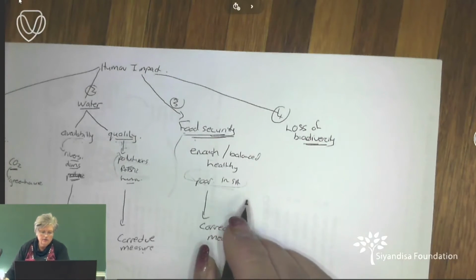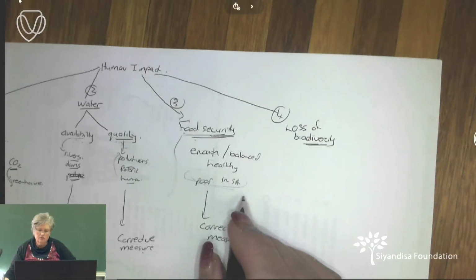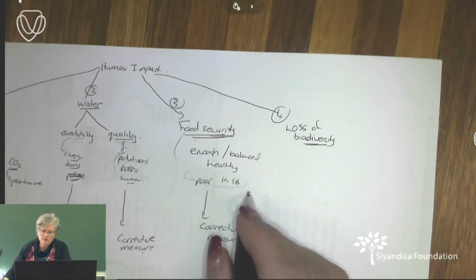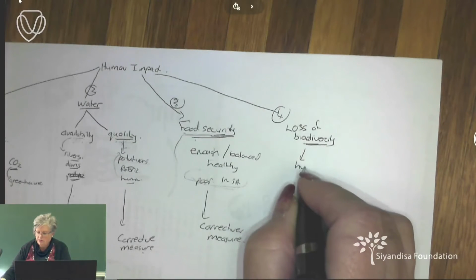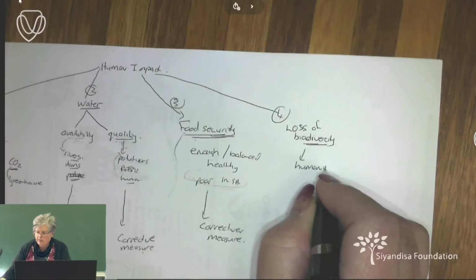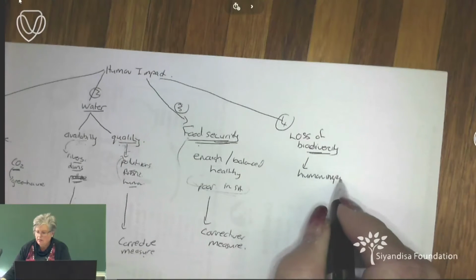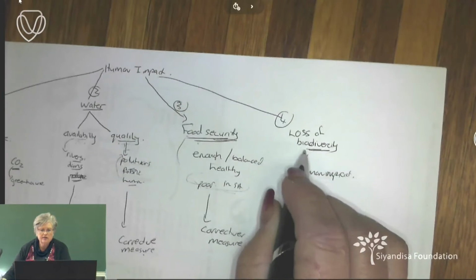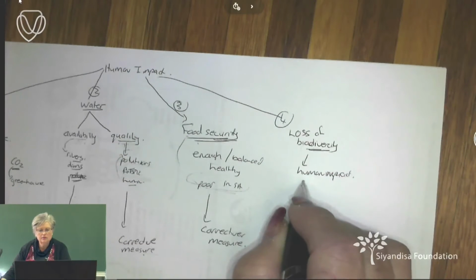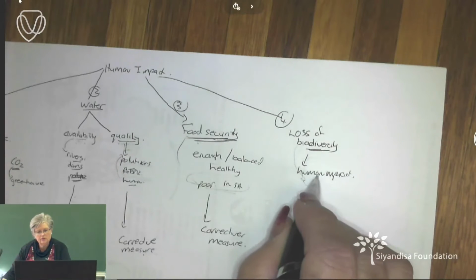So the loss of biodiversity is any natural organism that disappears from Earth because of human impact. Firstly, we need to know what human impact leads to the loss of biodiversity, like destruction of land, pollution, all of that, overuse of plants, overuse of animals.